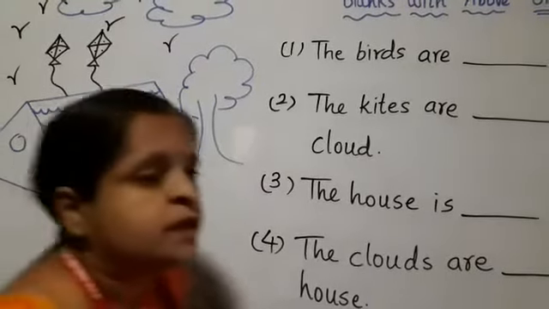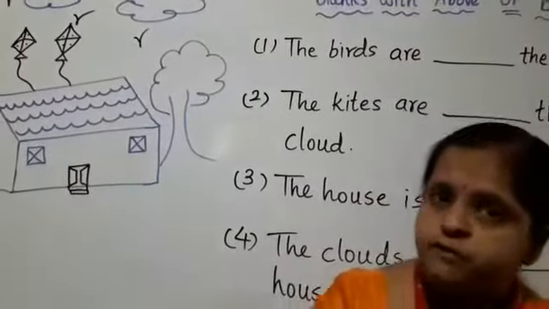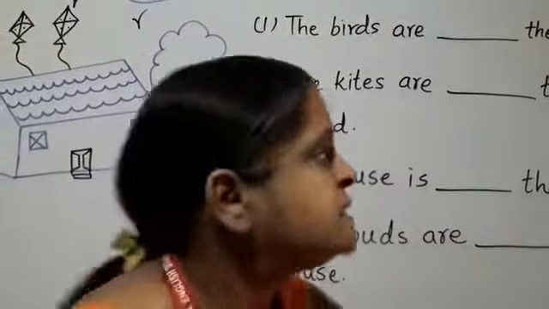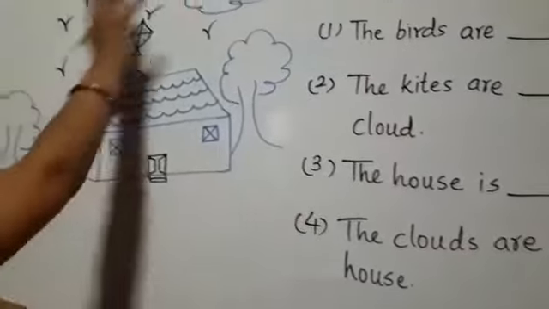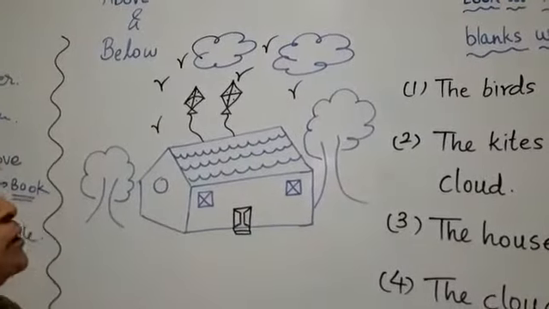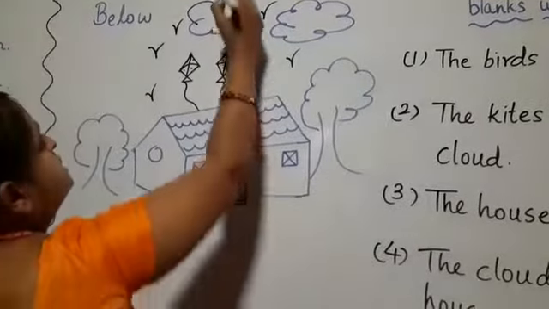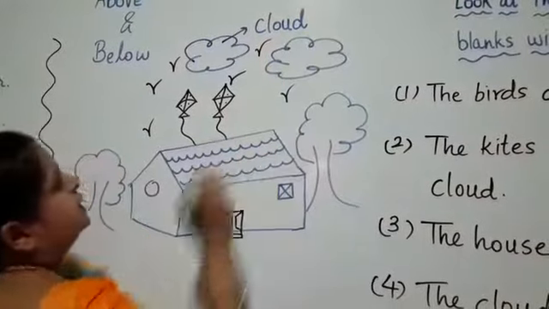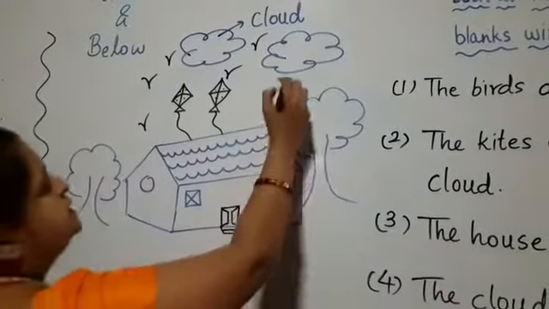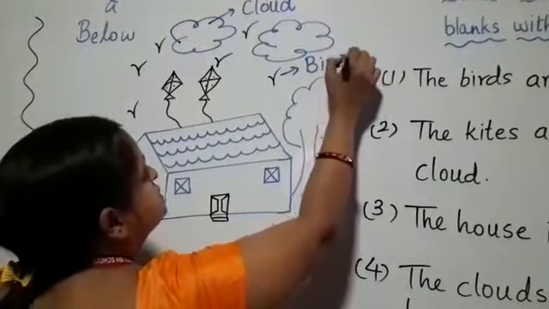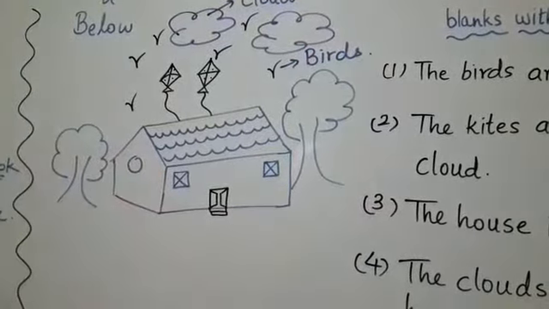So students, we learned the concept of above and below, and we are going to see one activity here. Let's see the activity. You can see one picture is here. Okay, firstly we will see what is there in this picture. Yes, it is cloud, and these all are birds. पंछी है सारे.